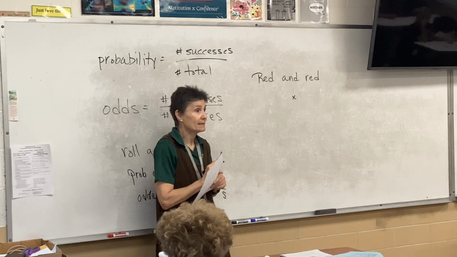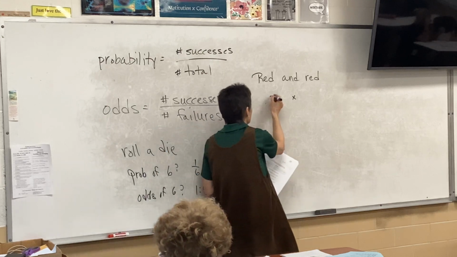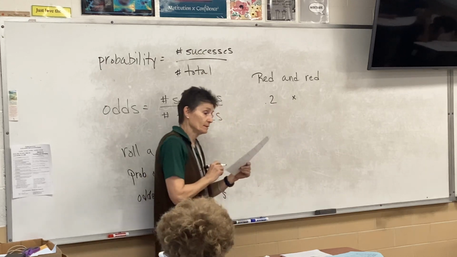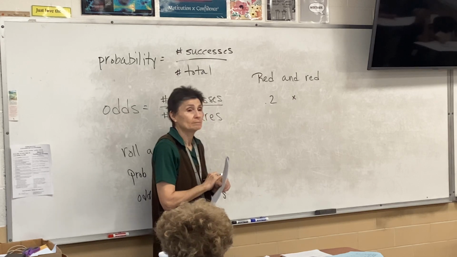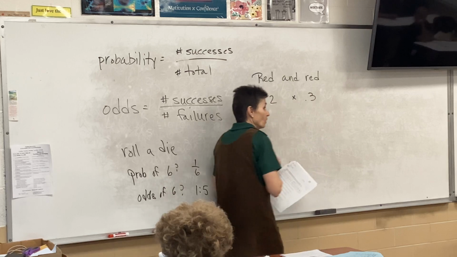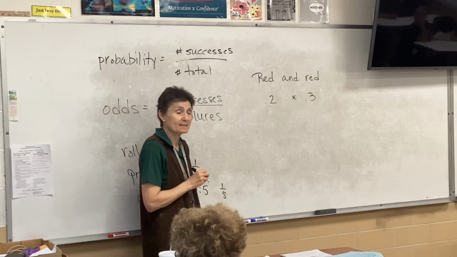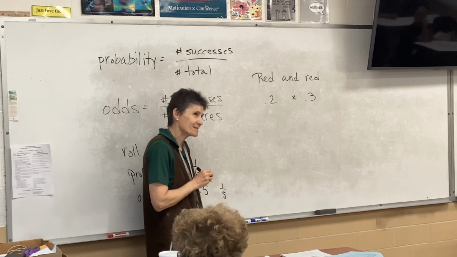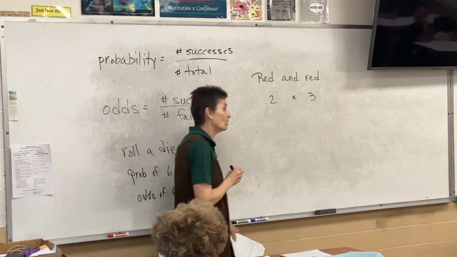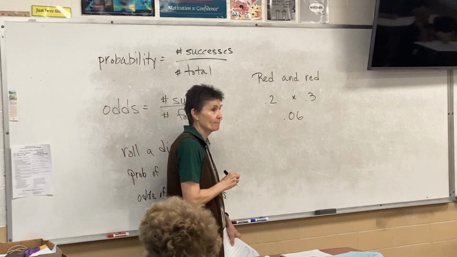Maggie red is 0.2. What's the probability that Elizabeth will be red? 0.3. Now, be real careful. Use your calculator if you need help. When you multiply these together, you do not get 0.6. You get 0.06. So the probability is 0.06.